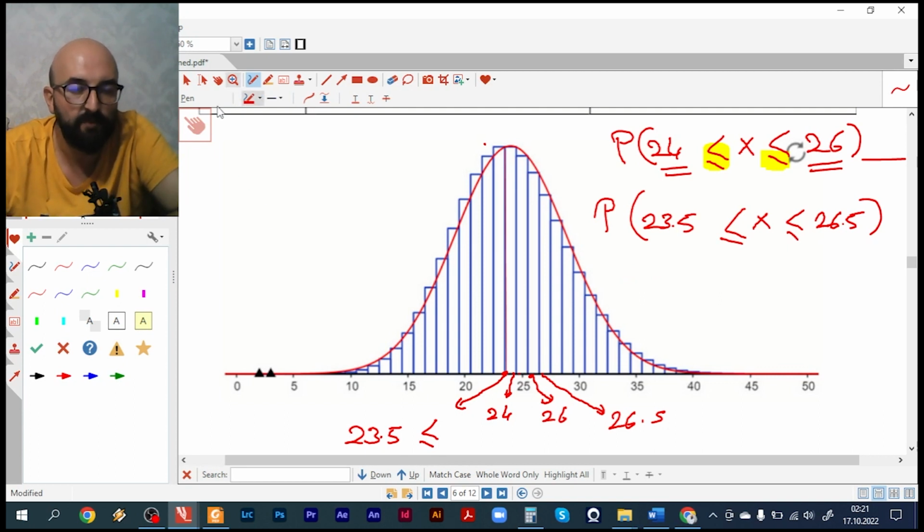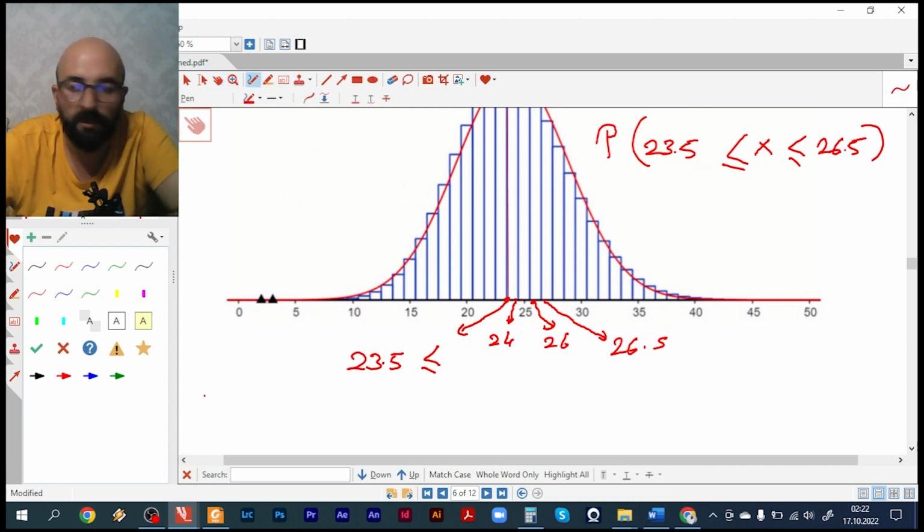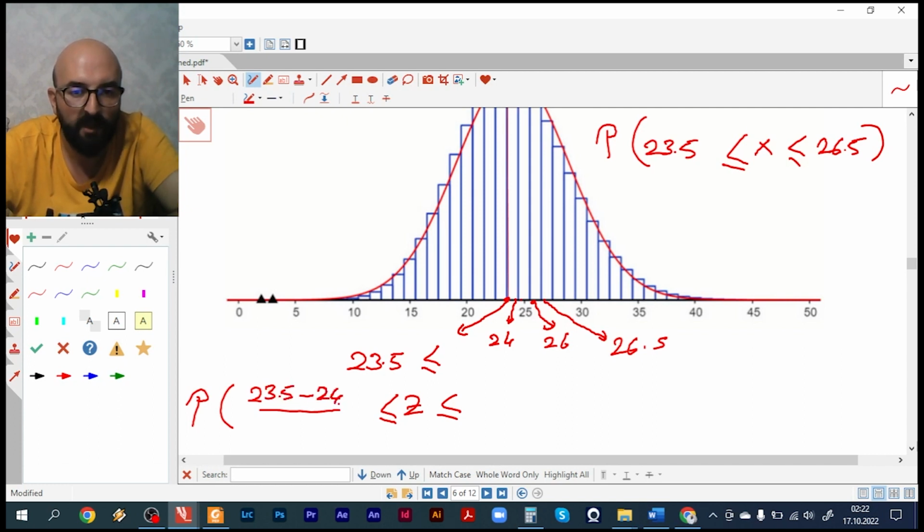And if you want to convert to the z value, you should use the probability of z greater than or equal to, less than or equal to, x: 23.5 minus lambda over the square root of lambda, and 26.5 minus lambda over the square root of 24.